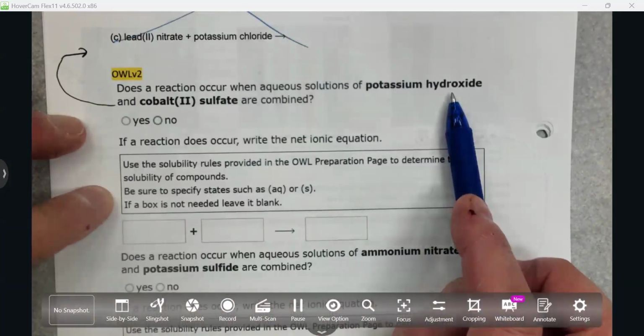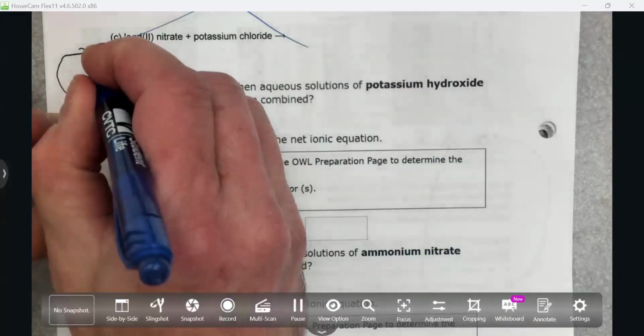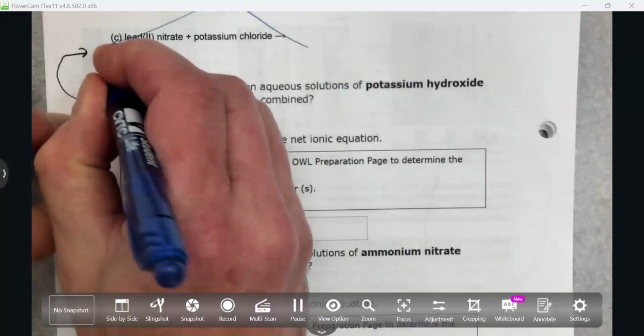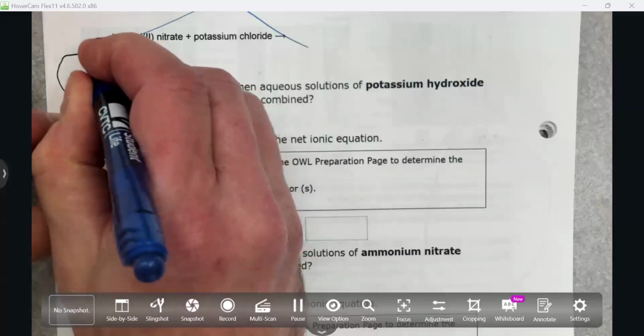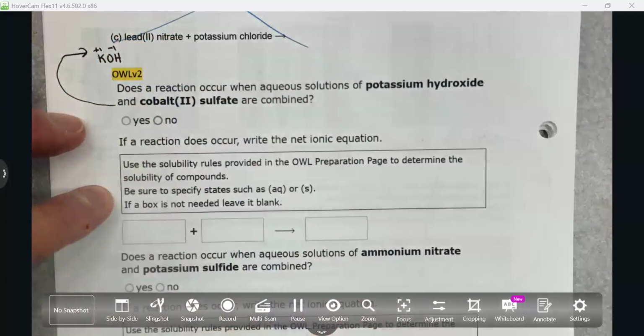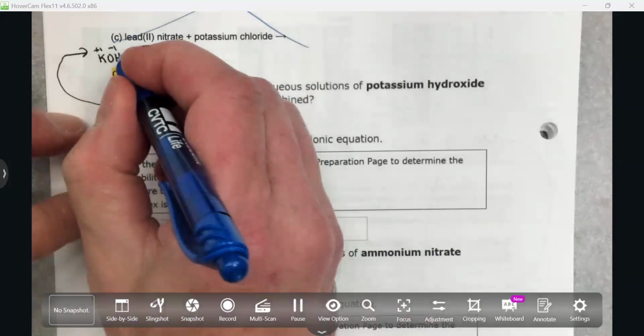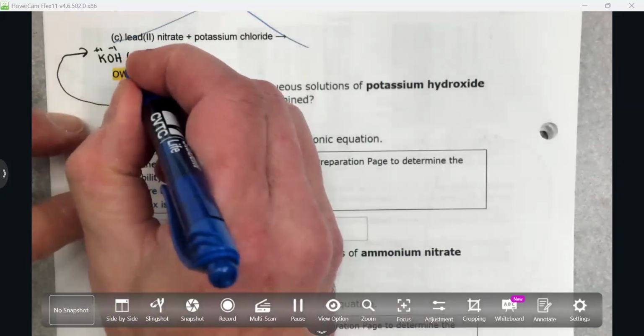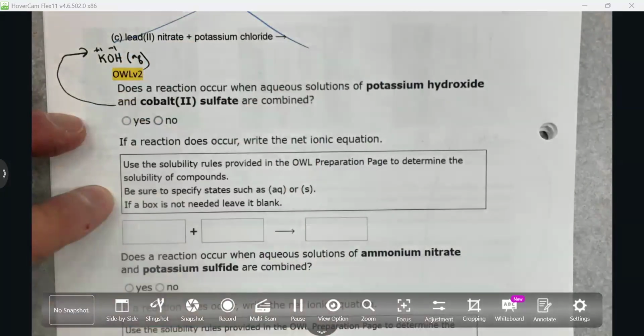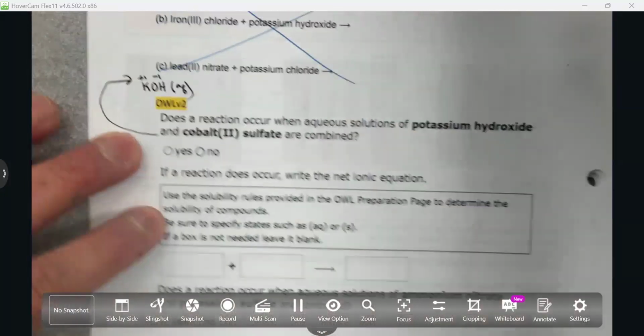Potassium hydroxide, KOH. That for sure is aqueous, it starts with potassium.